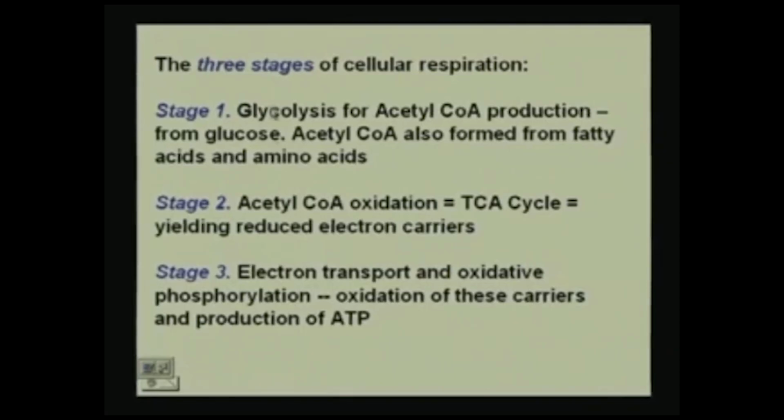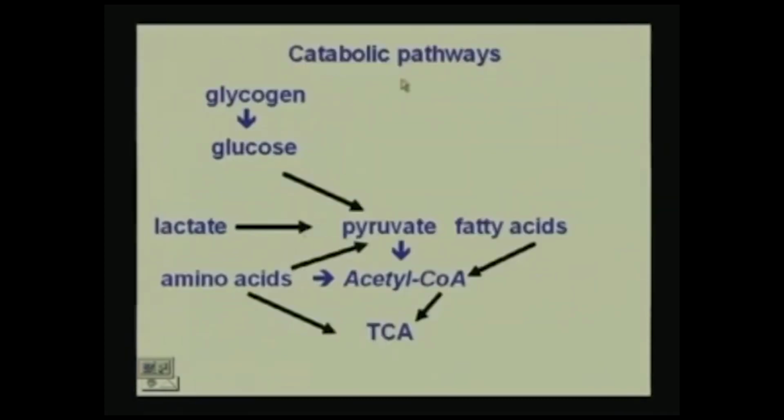So, these are the three stages of cellular respiration, and if we consider the catabolic pathways of all the breakdown, whether it's amino acids or fatty acids or glucose, they ultimately lead to acetyl-CoA, which is the key component of the TCA cycle, which we will see.